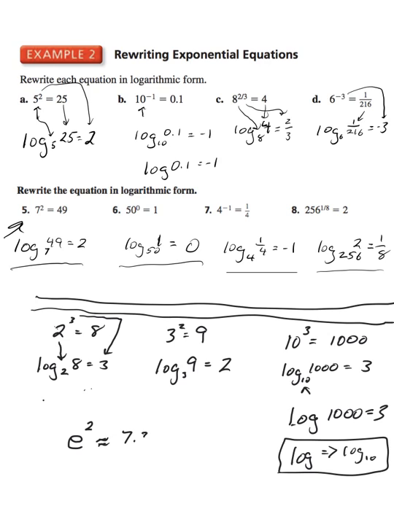I just did that in my calculator. So it's approximately equal to that. If I rewrite that in log form, I'm going to say that the log base e of 7.39 equals approximately 2.